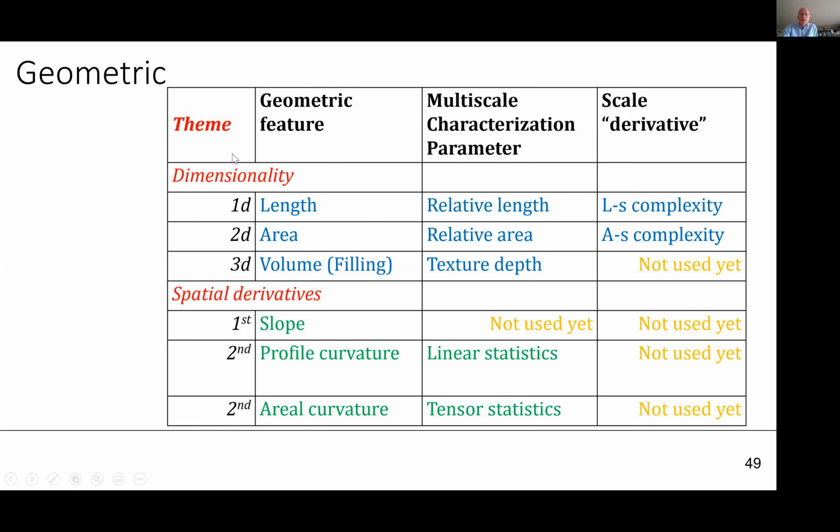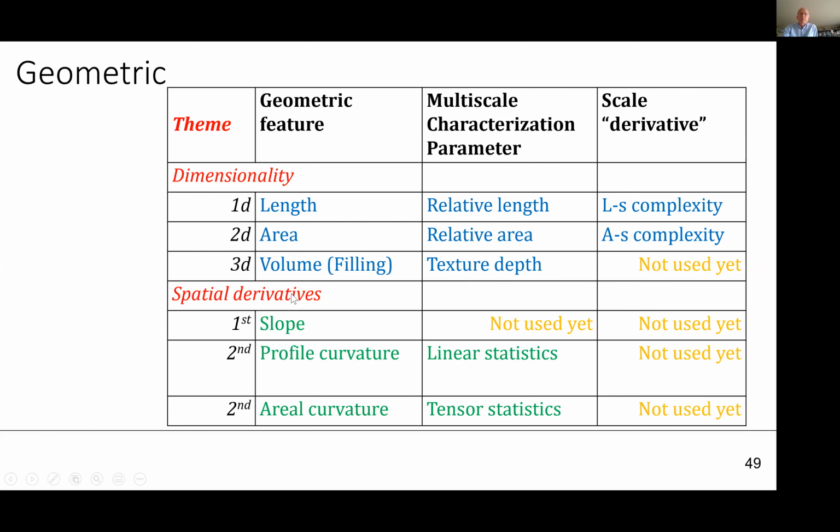So if we're looking at dimensionality in terms of fractals, we've done length, area, and to a certain extent volume. And these scale-based derivatives like length scale and area scale. We haven't done filling scale yet, so that's waiting to be developed.